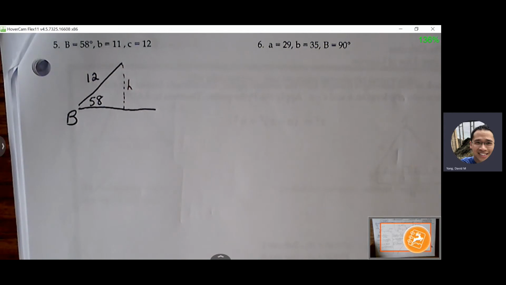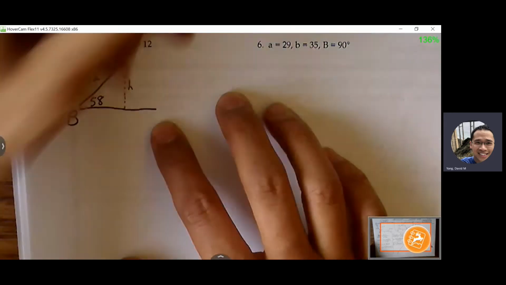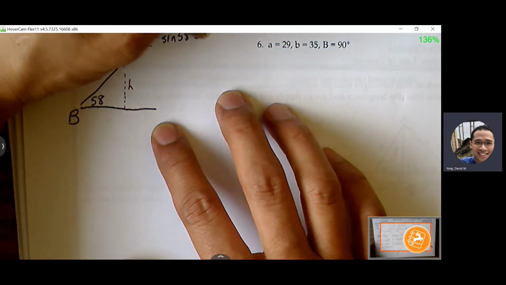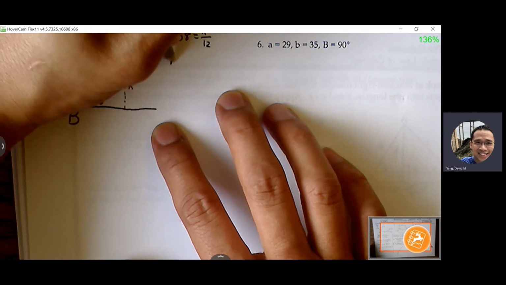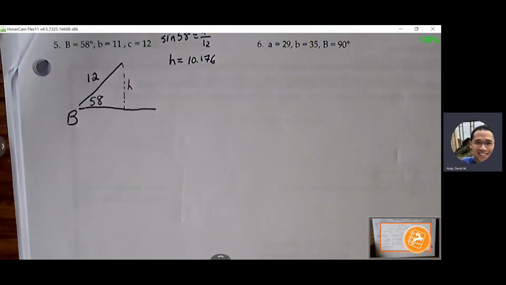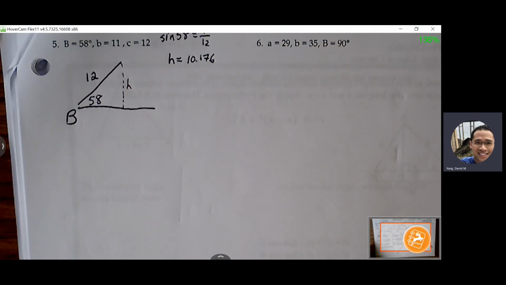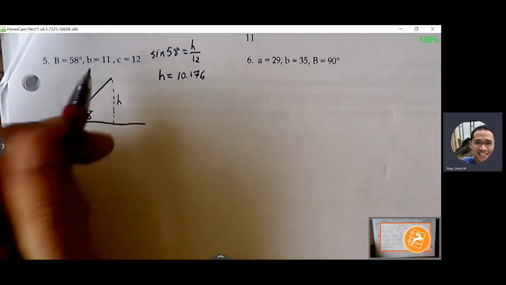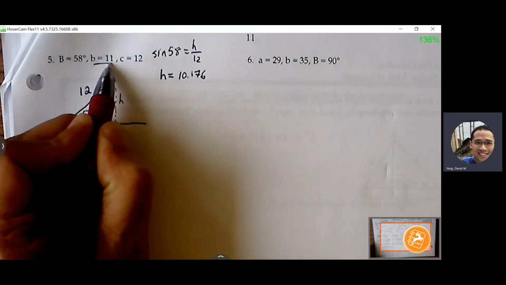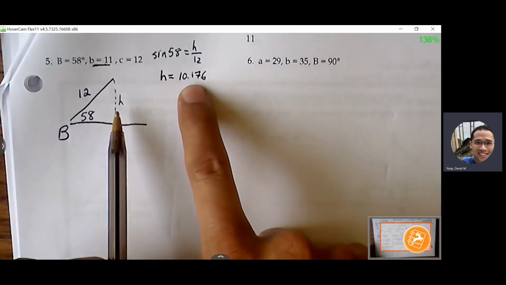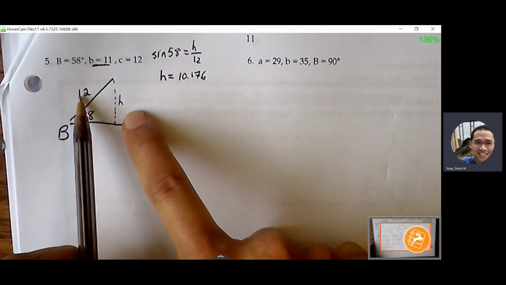Okay, find that height. Okay, so H is 10.176. What can we conclude about this hanging side here? Yeah, it's between the heights and this known side here.